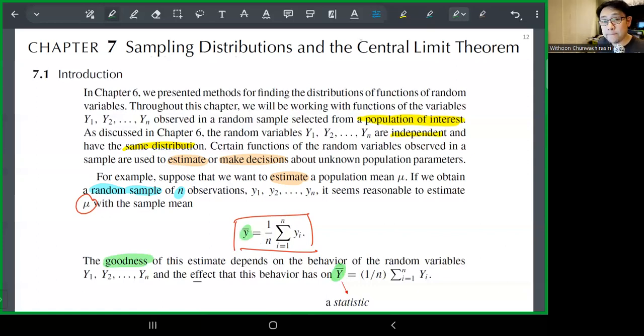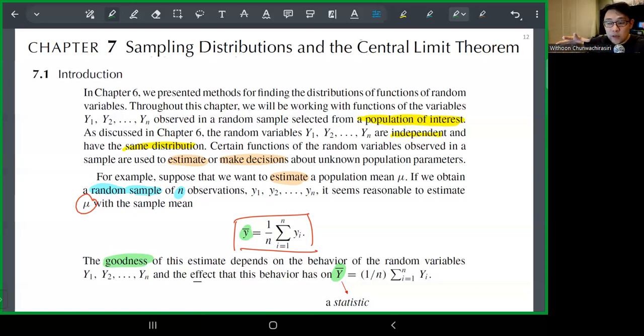The reason I say it depends on the behavior of Y bar is that Y bar itself is a random variable, even though it's a function of variables. That means Y bar itself has a distribution.